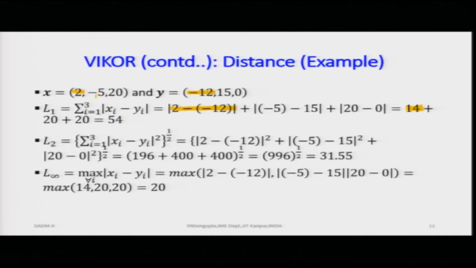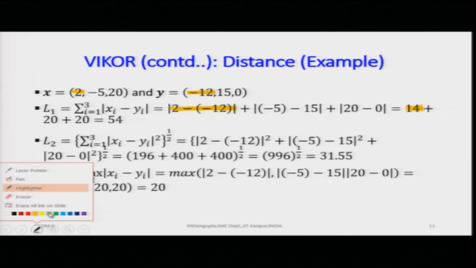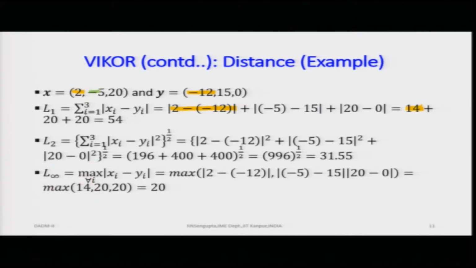Then I take minus 5 minus 15, and the value comes out to be 20. Similarly, I have 20 in the z direction and 0 in the z direction for the x and y vectors. The value is 20 minus 0, which is 20, and the total value of L1 comes out to be 54.